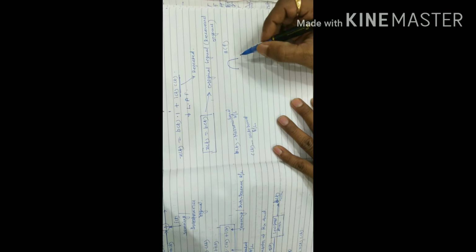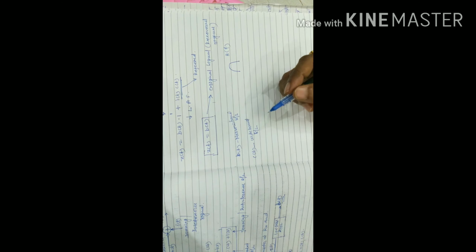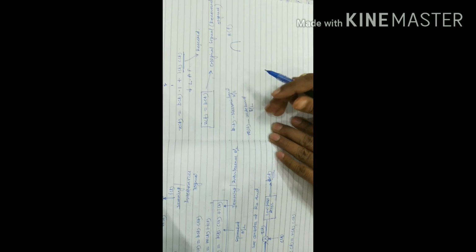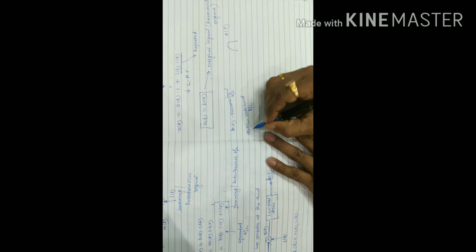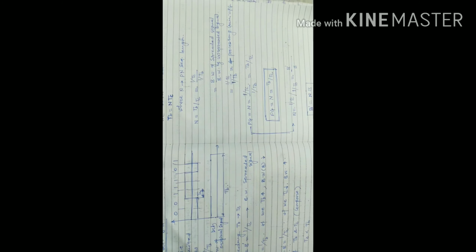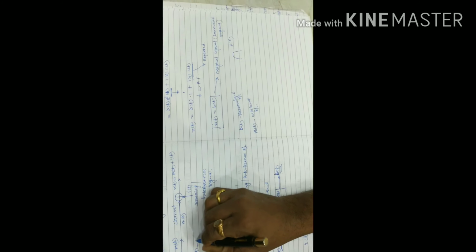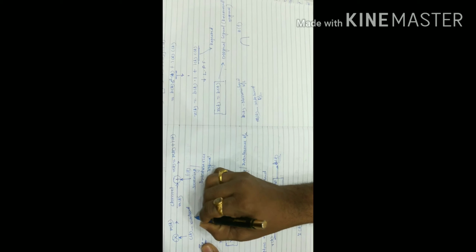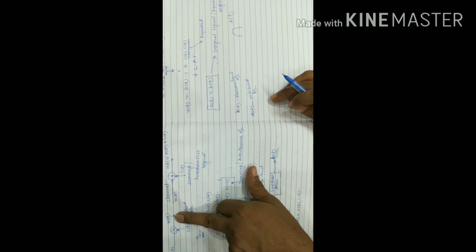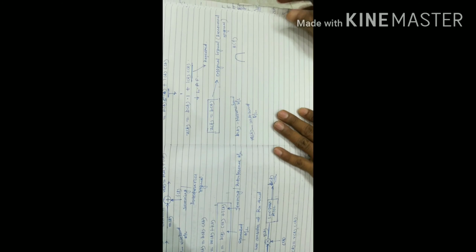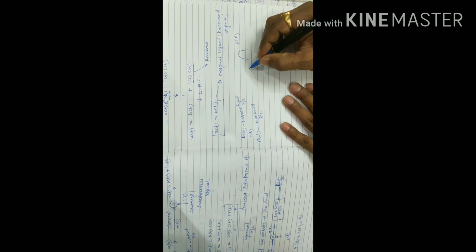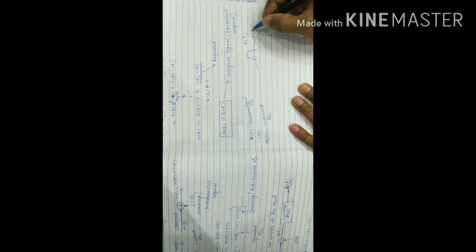If we draw the frequency spectrum for b of t, and the spectrum for m of t, rather c of t, because when we multiply c of t with b of t we get m of t, where c of t is basically a wideband signal. So if we multiply any wideband signal with a narrowband signal, the resultant will become a wideband signal.